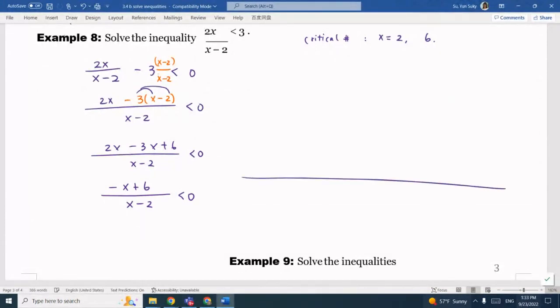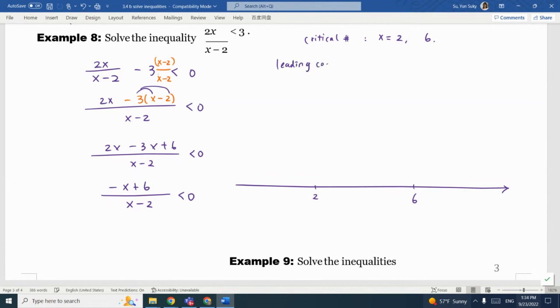And so on the real number line, 2 and 6, right? So 2 and 6. How about the leading coefficients? You look at this one, okay?